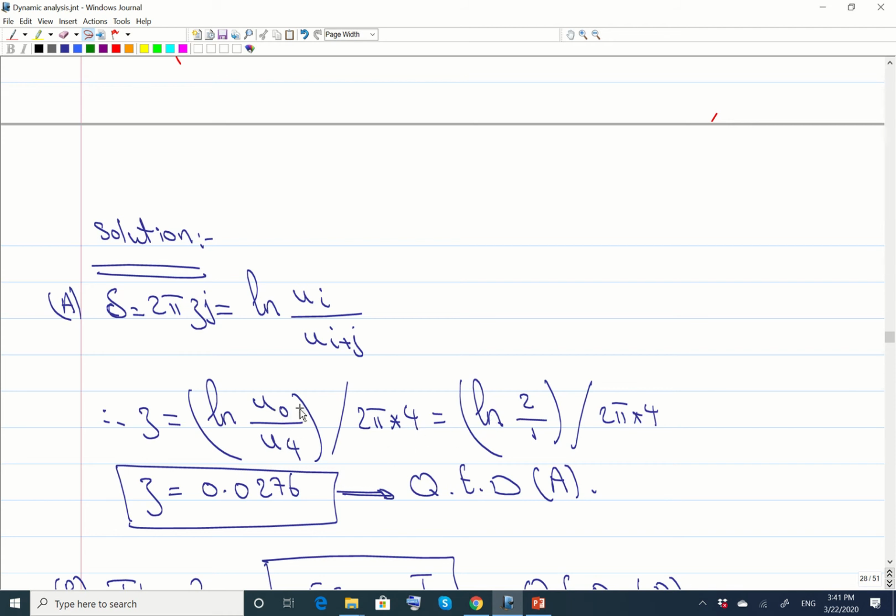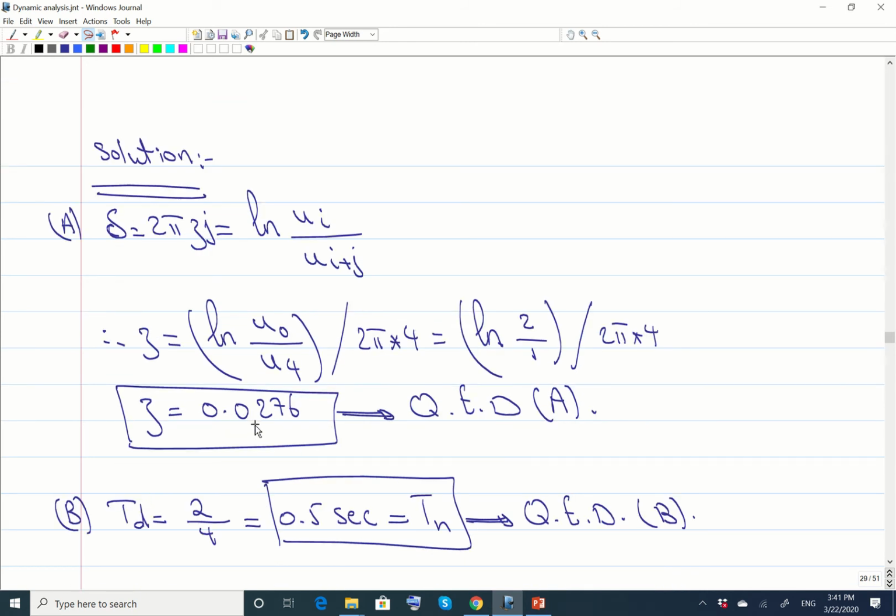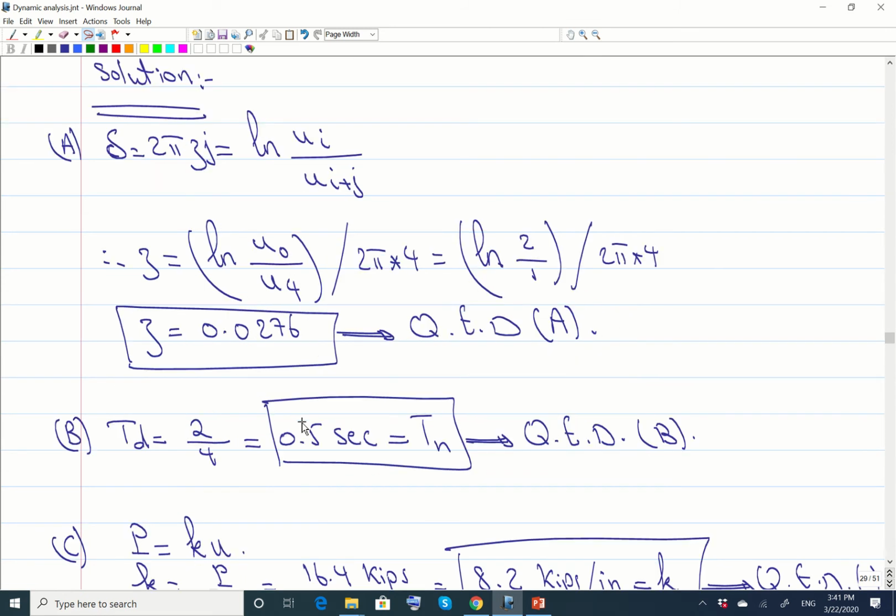So we have ln of the amplitude at the beginning, 2 inches, and at the 4th cycle it was 1. So ζ = ln(2/1) / (2π × 4) = 0.0276. That's so easy to find from that equation.